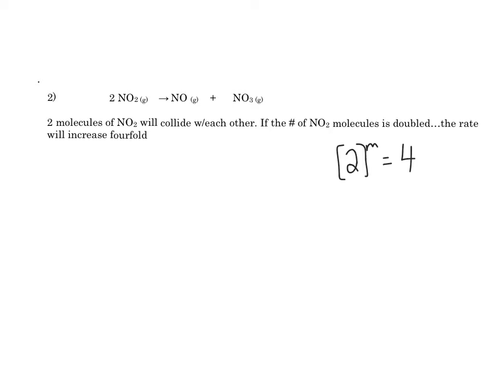So the rate is 4 times as fast if you double the concentration of your reactant. So M must be 2. 2 squared equals 4. So it is second order with respect to nitrogen dioxide.